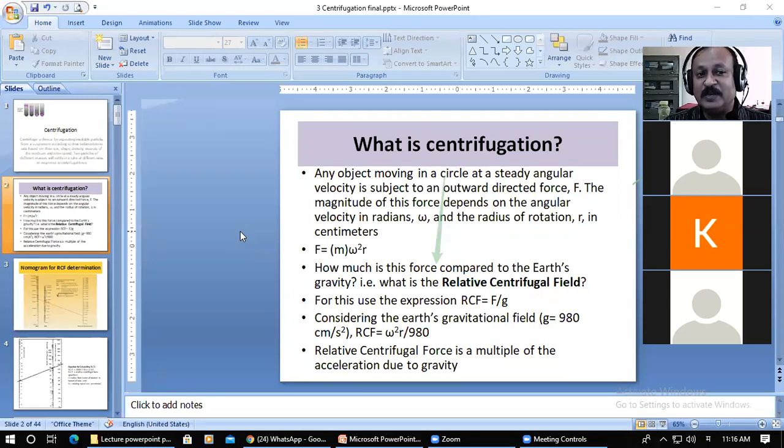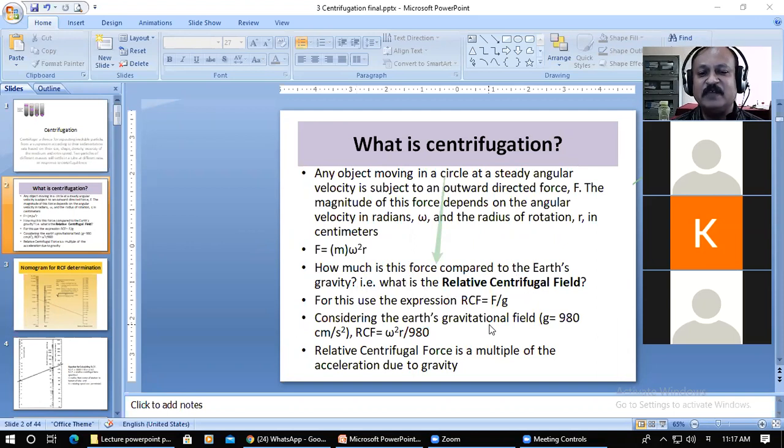Normally the particles which are not going to settle down easily just by the force of gravity, we have to use the centrifuge machine to separate them from the liquid. So now the question is, how much is this centrifugal force compared to the Earth's gravity? That particular term is called the relative centrifugal field.